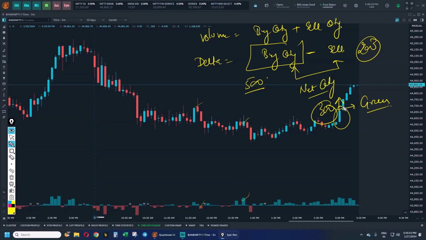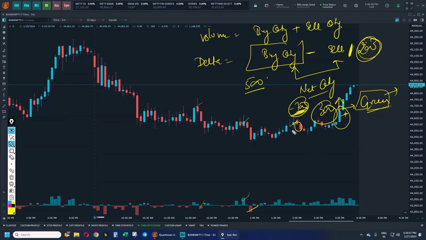It is telling you this is a market order, and delta is green and candle color will also be green in that case, and vice versa for the sell. When the value is 500 here and the value is 1200 for the sell, the value would be minus 700, because it is minus and delta is negative. Negative delta, there are more sell orders, the delta would be red in color, and your candle color would also be red in color normally.